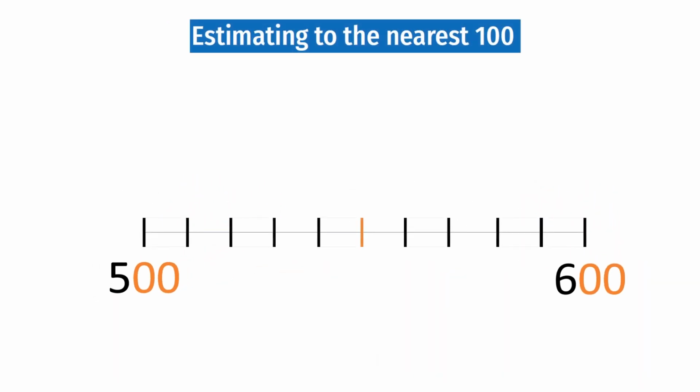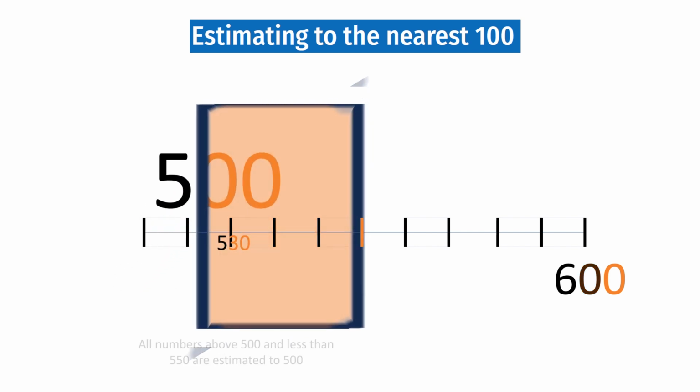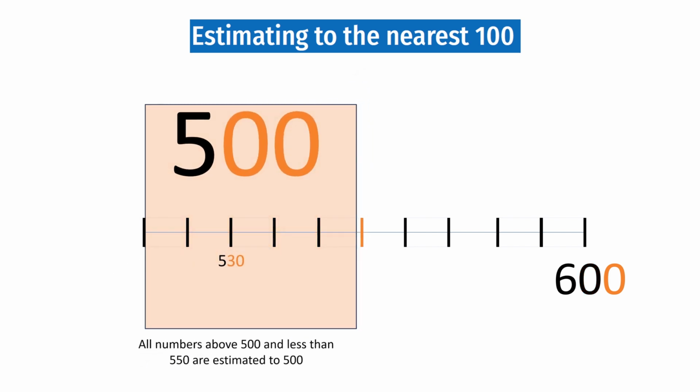So we get the lower and upper hundreds. Now, notice the midpoint. The number 530, on the number line, is closer to 500 since it is on the left of the middle.